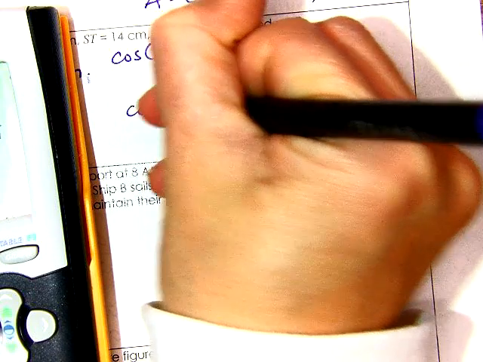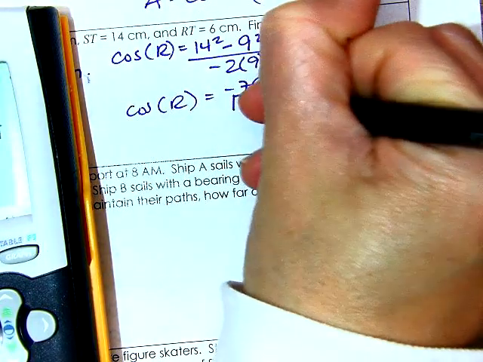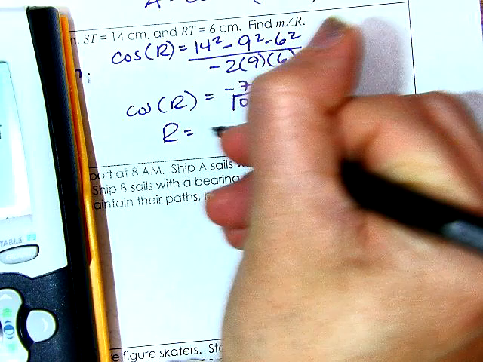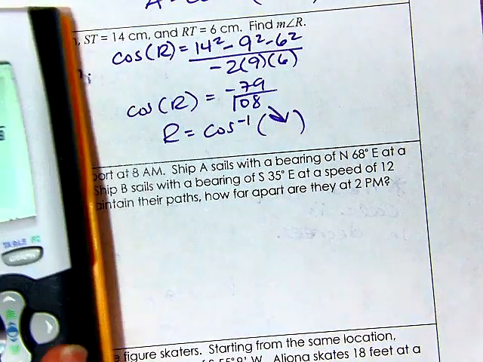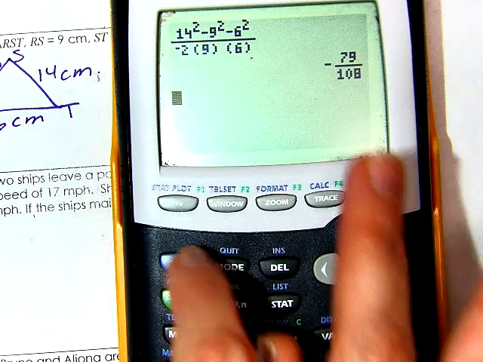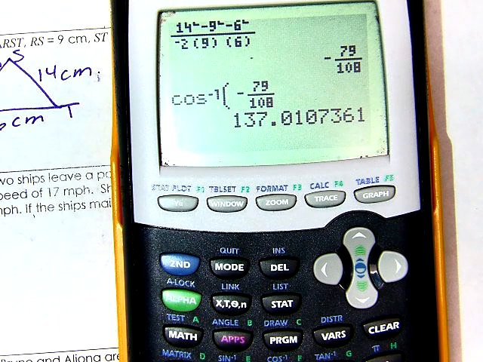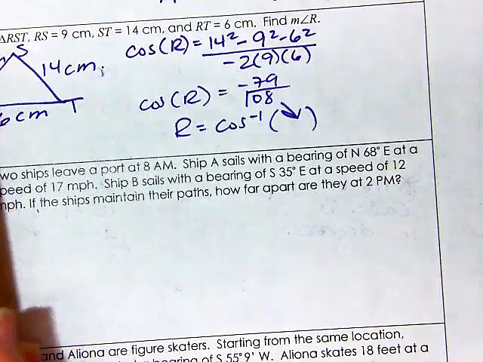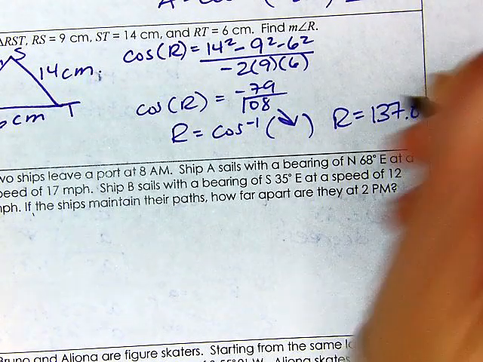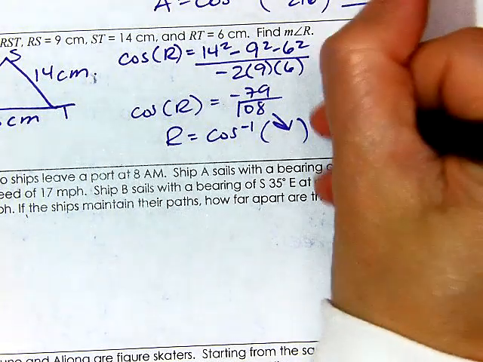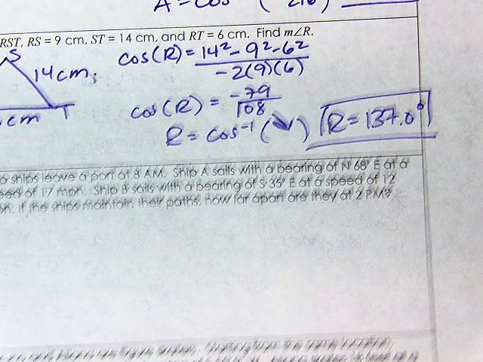So cosine of R equals negative 79 over 108. To solve for the angle, I do the inverse cosine of that fraction. So second cosine, highlight, enter, enter, 137.0. So R equals 137.0 degrees. All right, so now let's apply this to the word problems.